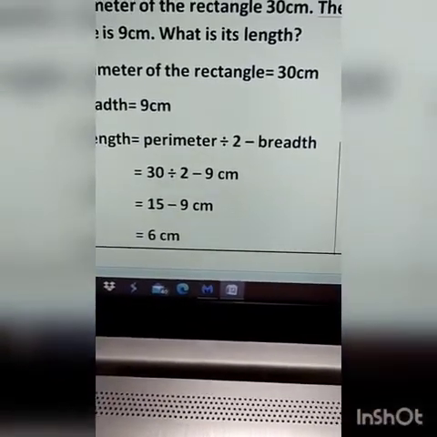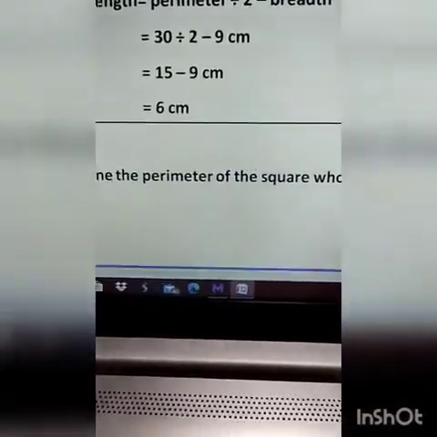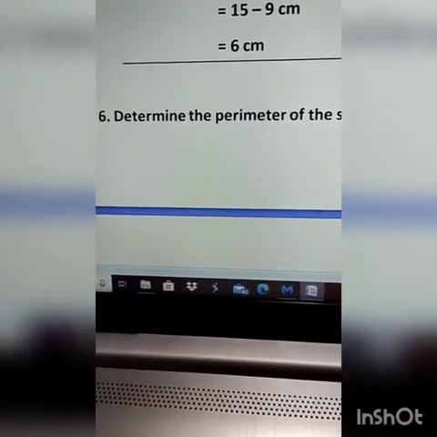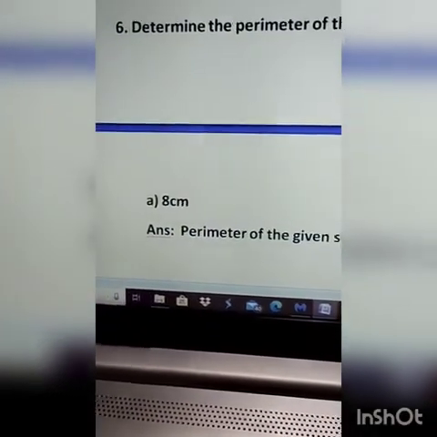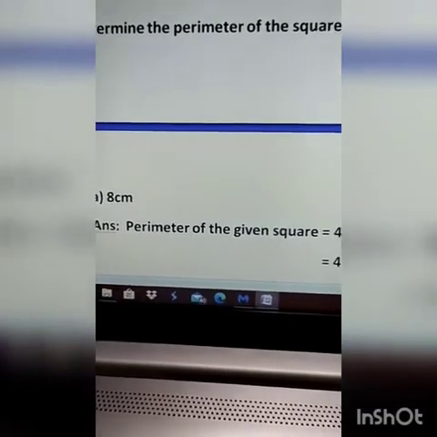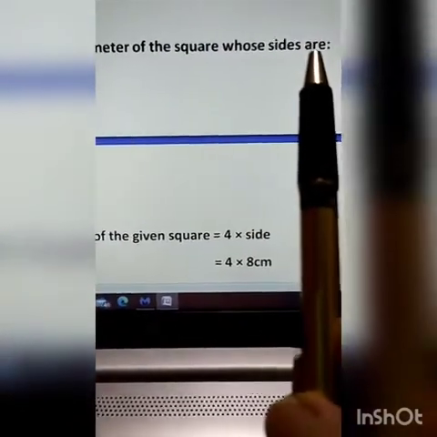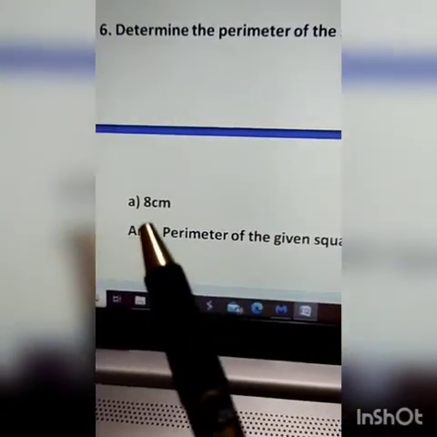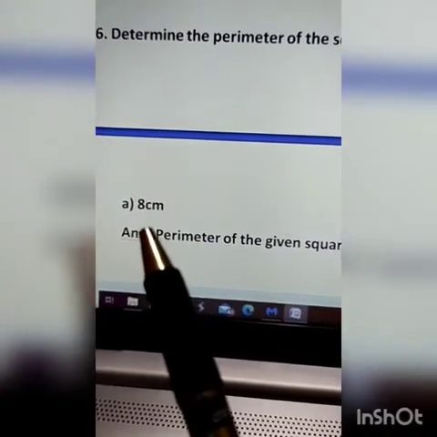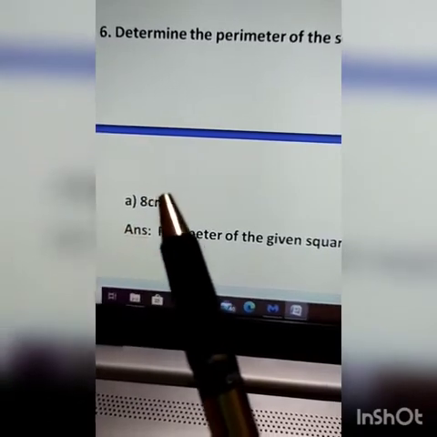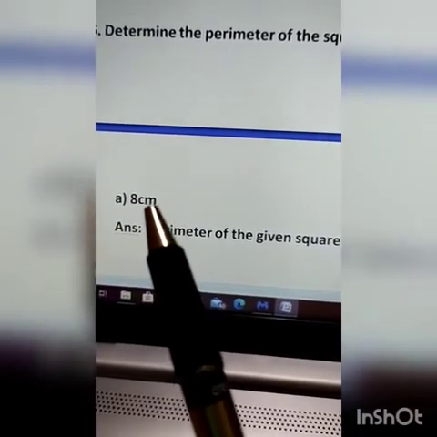Next question. Look at your book. Page number is mentioned in the worksheet. Question number 6. Determine the perimeter of a square whose side is 8 centimeter.